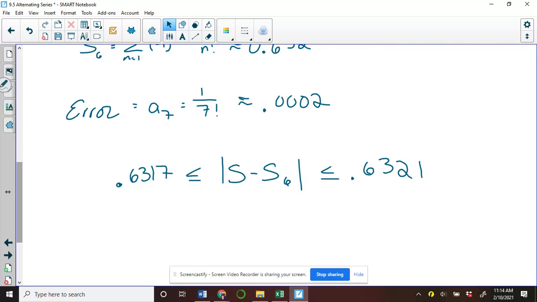So we're bounded between those two values, and this is our error, just so we're aware. So our error is the next neglected term, and in this case, that's 1 over 7 factorial.